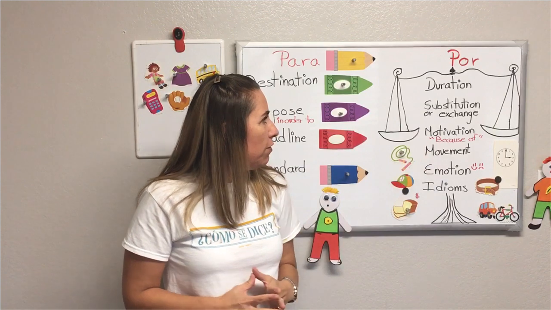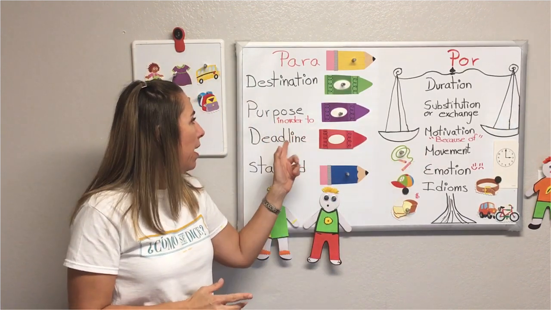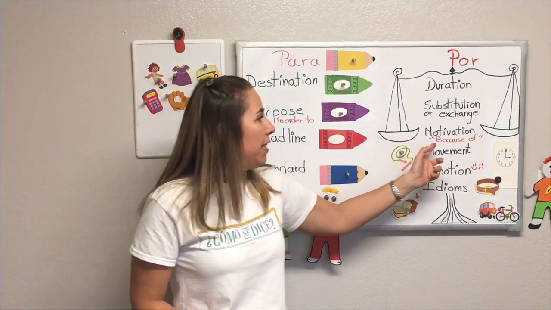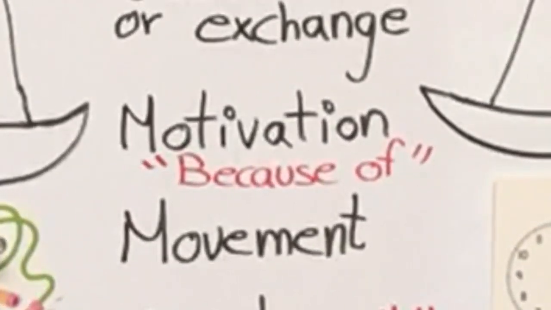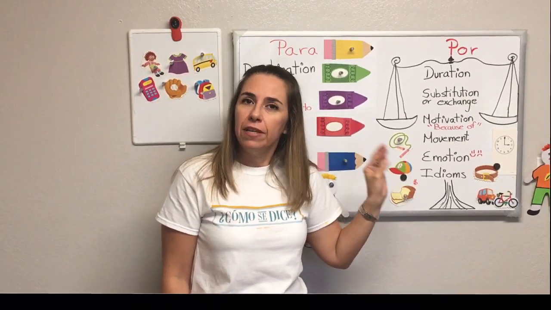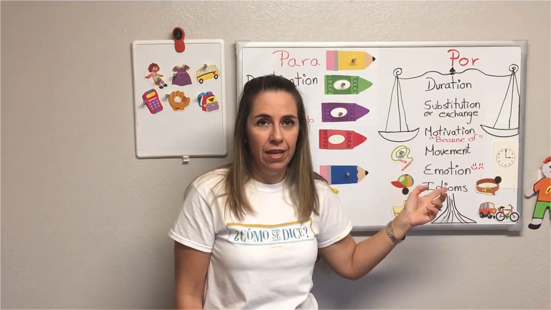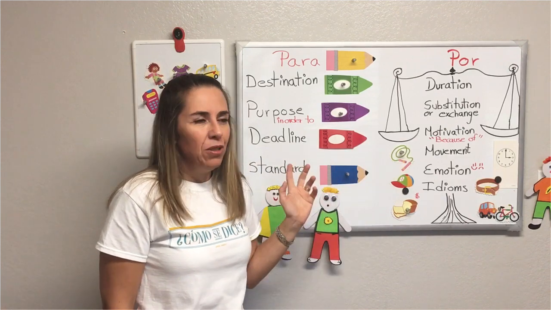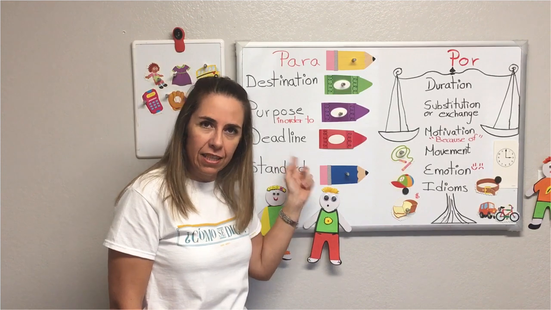Okay, motivation. Now, remember para we have in order to, a very important phrase. Here with por we have another good one, because of. Every time that you can fit because of in a sentence, you are going to use por. Then when you have the doubt which one should I use, you can put in order to, and if it fits, it's para.